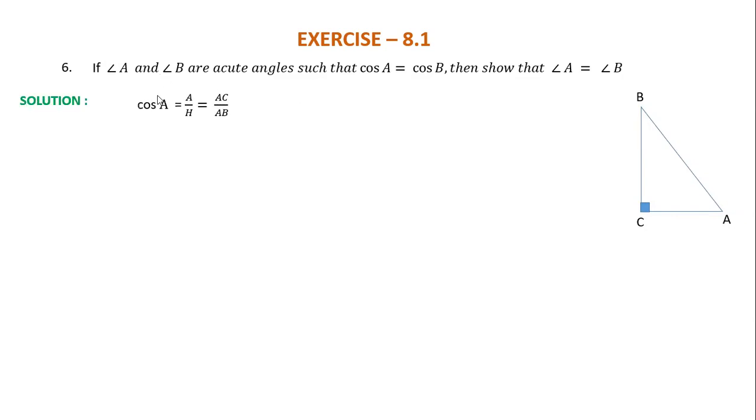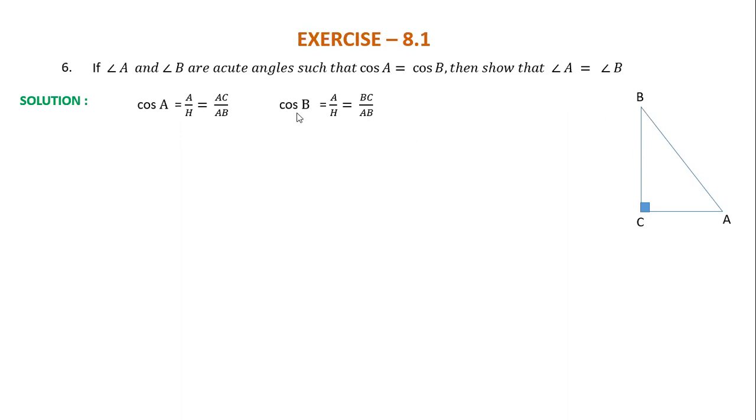Solution. Cos A is equal to A upon H, that is AC upon AB. See here, once again I start. With respect to angle A, the adjacent is AC, hypotenuse is AB.